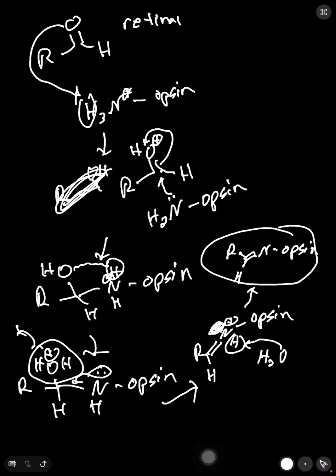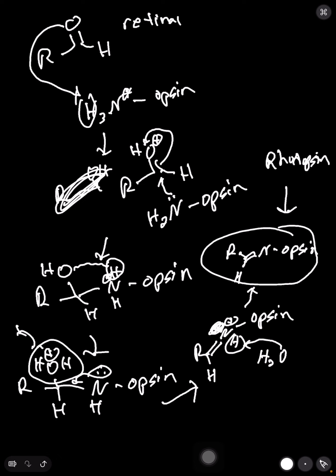And so that's the key linkage there. That's the formation that enables rhodopsin to be formed, and that's what this is. Okay, and you can see the full structure in your PowerPoint.